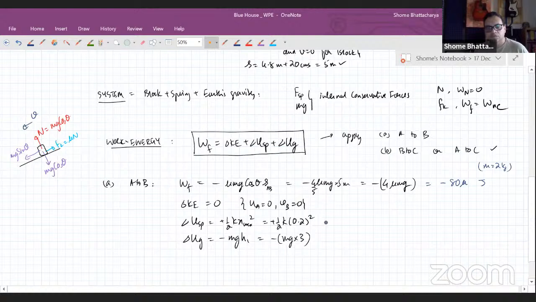This is 0, this is this much, and this is minus 60 joules. Okay, so we have minus 80 mu is equal to plus half k into 0.2 square minus 60.